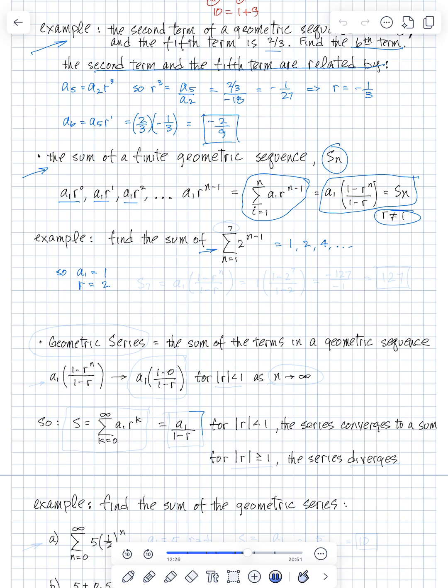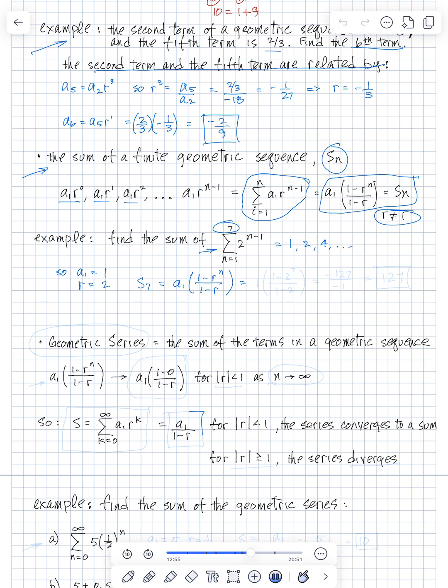And now we can just put it into our equation, S sub n. This is a partial sum, so we have S of 7 is equal to A1 times 1 minus r to the n over 1 minus r.